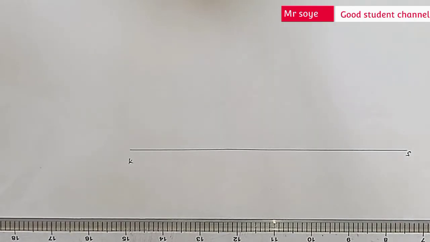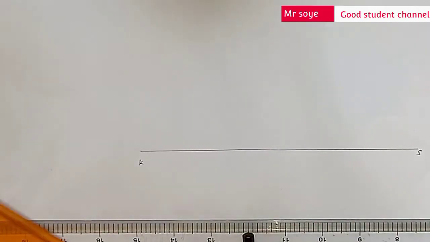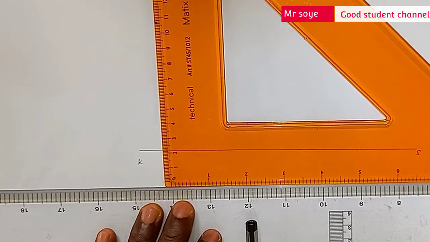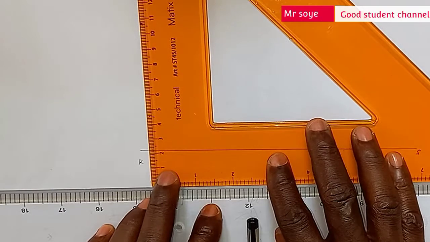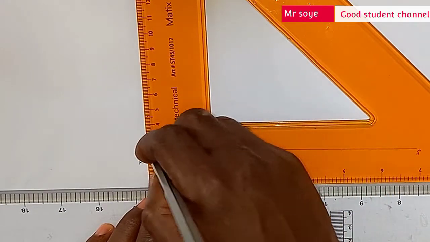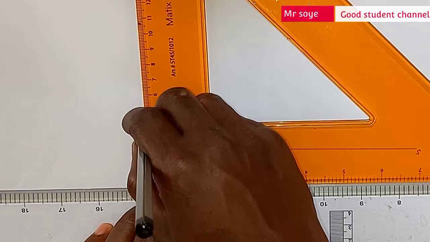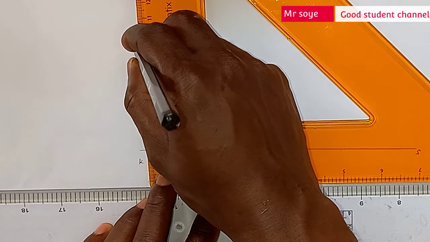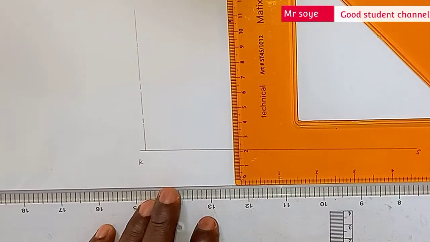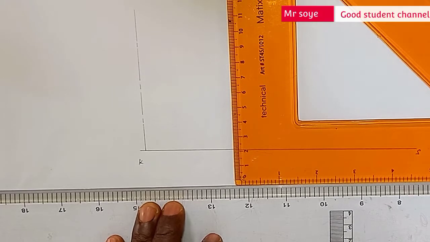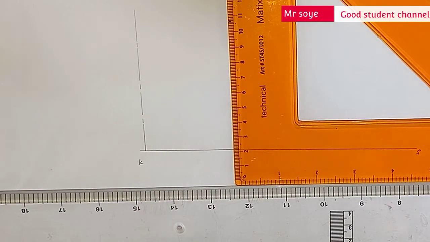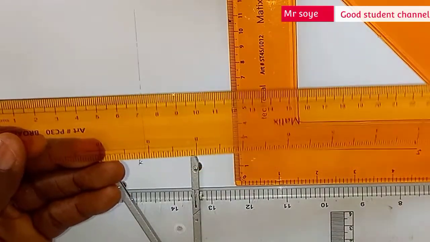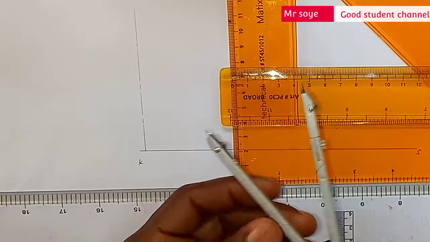Now, after that, we draw the rolling cycle on the line KS. First of all, let's produce a diameter. The radius of the rolling cycle is 25, so let's measure our rolling cycle radius 25.